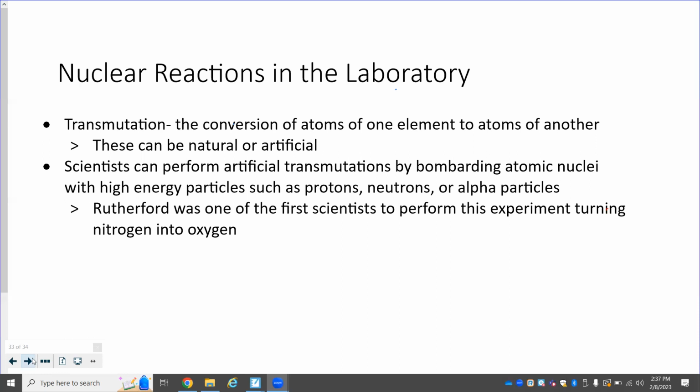Rutherford was one of the first scientists to perform this experiment, and he actually turned nitrogen into oxygen. So he shot electrons, those beta particles, at samples of nitrogen before they became oxygen. This is how we've developed so many more elements on the periodic table. A lot of those larger number elements are man-made through these transmutations.